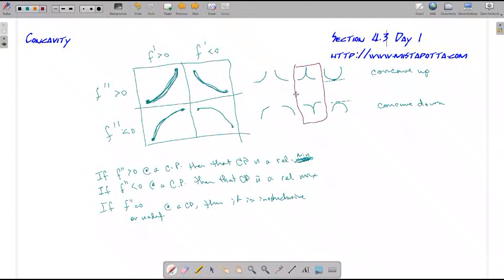But if my second derivative is 0 or undefined, I can't really tell the difference between having a maximum or a minimum. And so I really want to see a situation where at a critical point, my second derivative has a clear indication. Am I clearly larger than 0, or am I clearly smaller than 0?